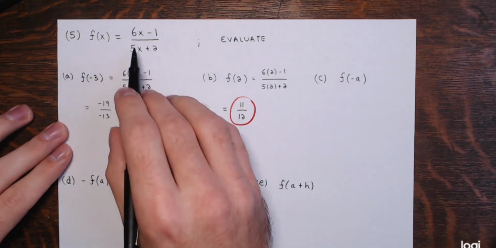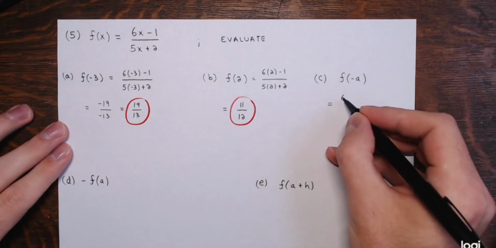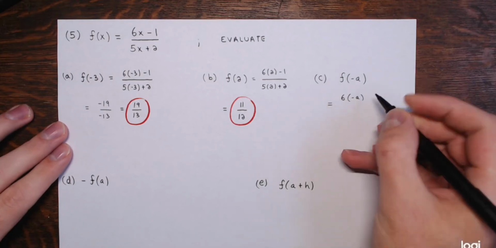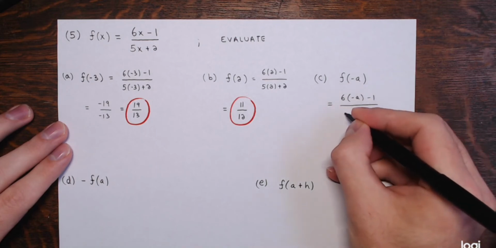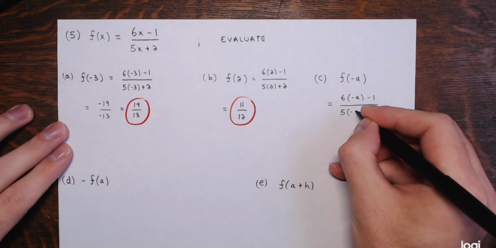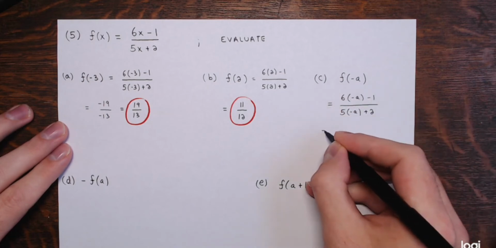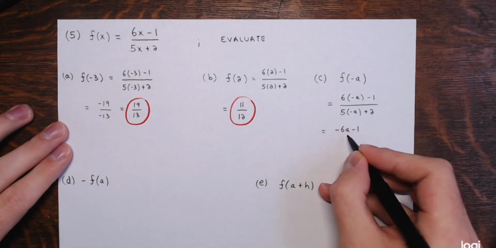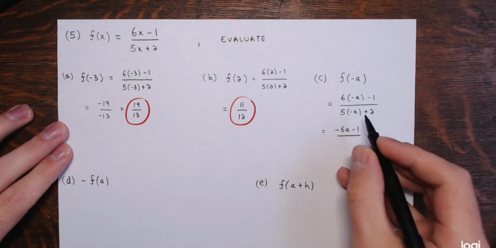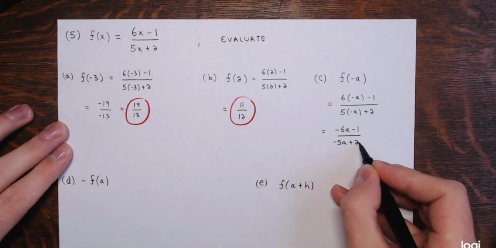So once again, I go through and replace all the x's with negative a. So it's 6 times negative a minus 1 divided by 5 times negative a plus 2. And this will be negative 6a minus 1 in the numerator and negative 5a plus 2 in the denominator.